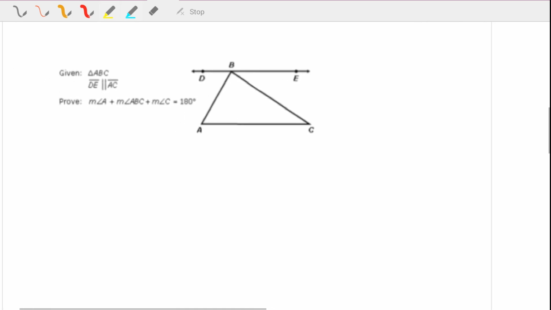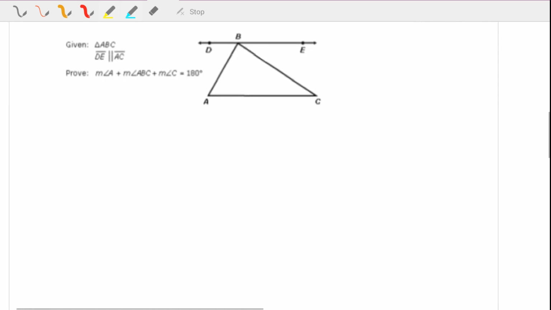Okay, so right now, if you really want to and you really think you can, go ahead and pause the video and try it. You're going to do a little T-chart with the given and the reasonings and see if you can figure it out. My hint to you is you're going to use that right there.